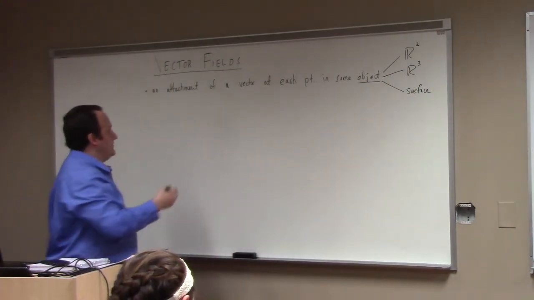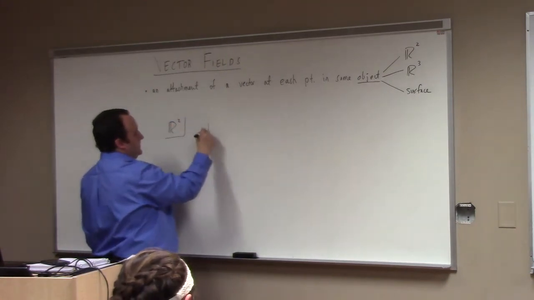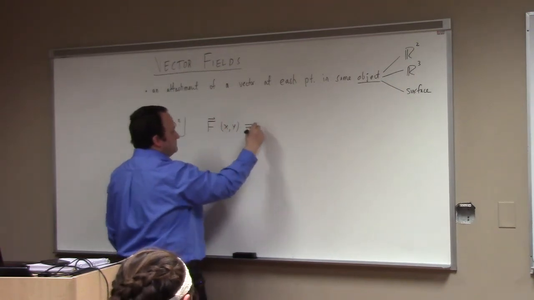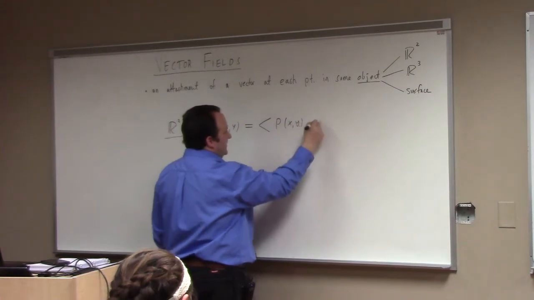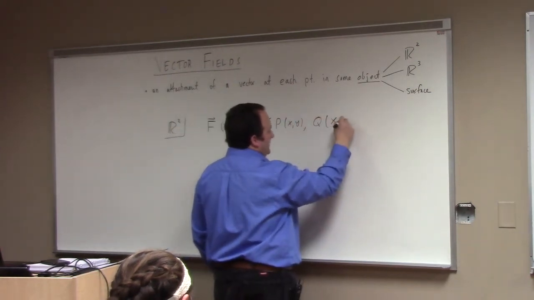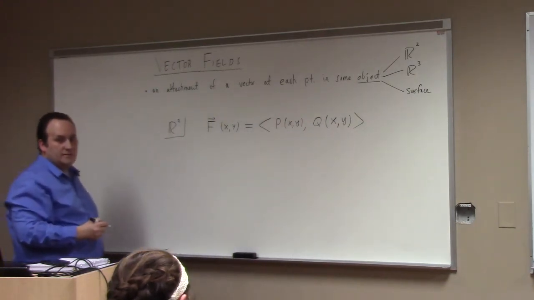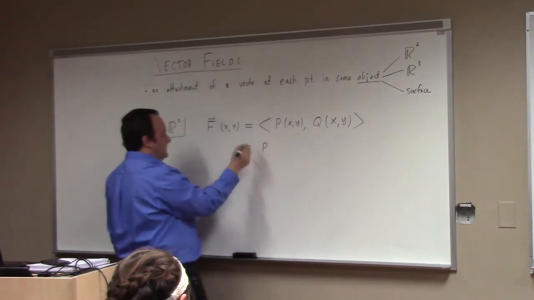So let's just talk about R2 for a second. What's a vector field on R2? What's it look like? It would be f of x comma y equal to, here's typical notation, p, which is a function of x and y, q, which is a function of x and y. Now, a lot of textbooks wouldn't write it this way. They wouldn't write the (x, y).